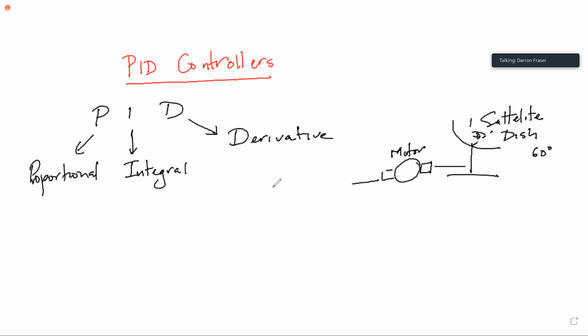So we are going to have our motor. And so we're going to put in a dial pointer or something that says that we want it to be at 0, 60 or 120.